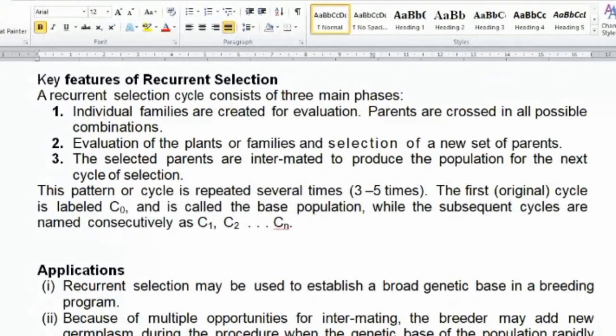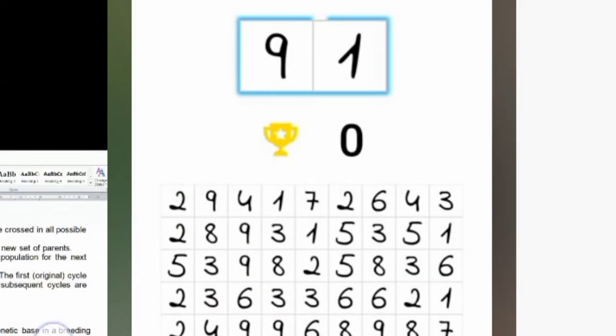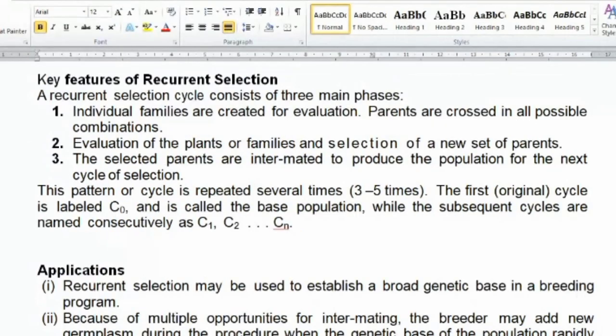May I stop there to ask if there be questions? Up to that point on recurrent selection. I introduced you to what we are going to talk about when we are discussing breeding for cross-pollinated species. Any questions for me?